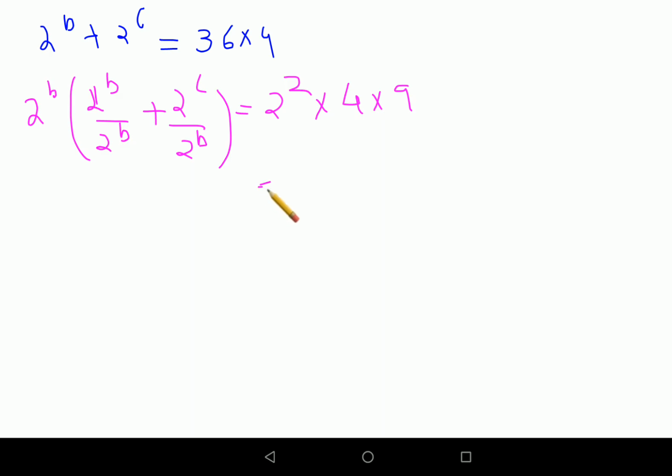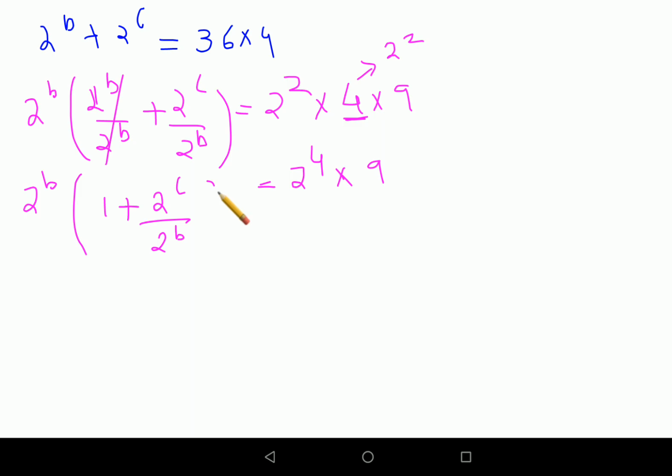So 2^2 into 2^2 gets you 2^4 into 9. And this is 2^b times (1 + 2^c/2^b). So now this side is in terms of 2 raised to something, and this side is also in terms of 2 raised to something.